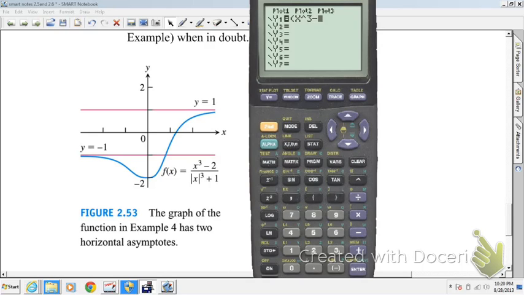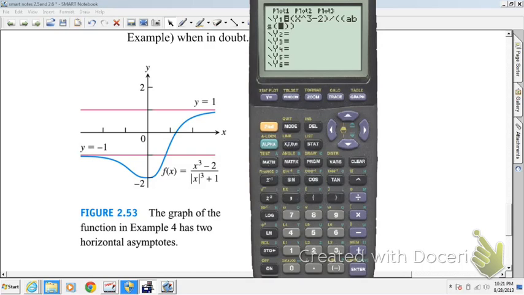You always want to chunk the numerator and the denominator off with parentheses to be safe, divided by paren absolute value, so math, slide over to num, absolute value of x, so like that. Then you want that whole absolute value of x cubed, so I'm actually going to break that off with an extra set of parentheses.